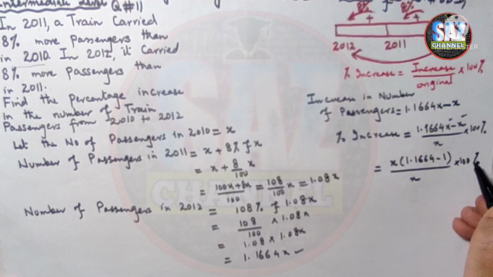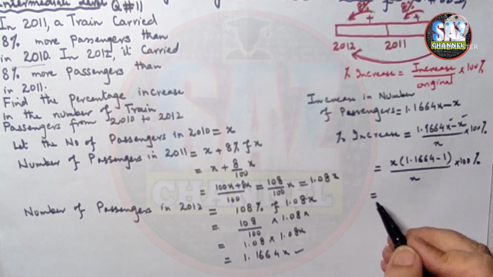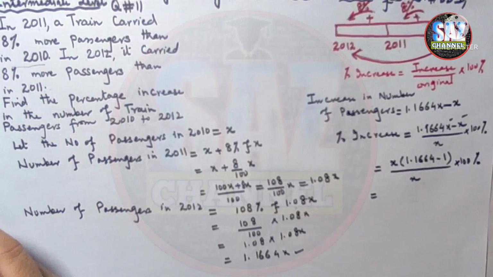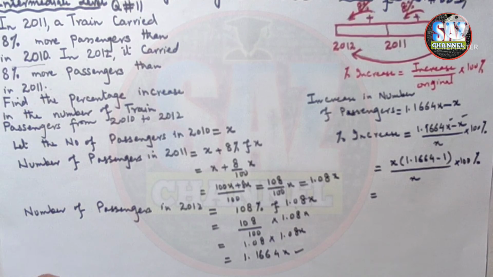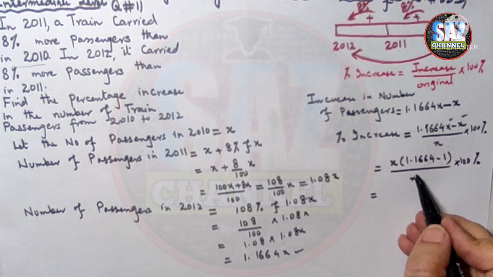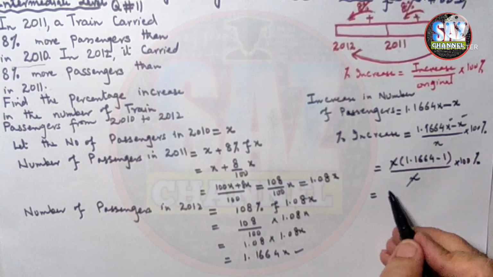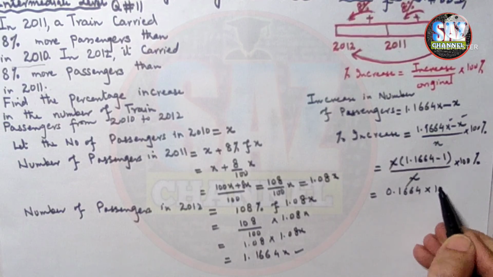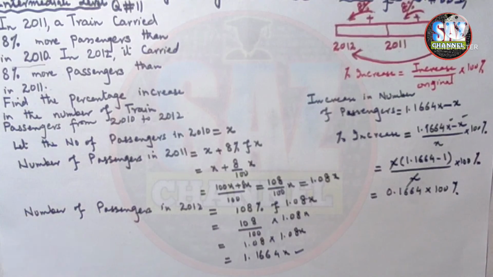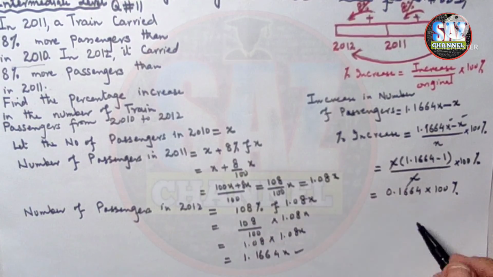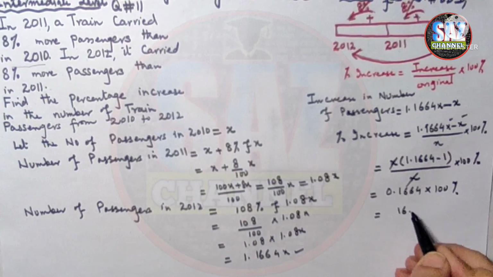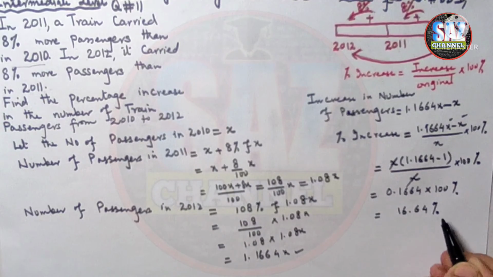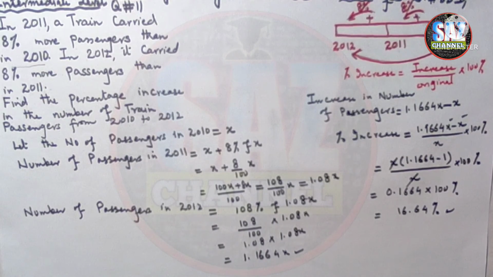This gives me 0.1664, and the x cancels with the x, and I am left with 0.1664 multiplied by 100%. I have to multiply this number by 100. This will become 16.64%, which is the percentage increase in the number of passengers from 2010 to 2012.